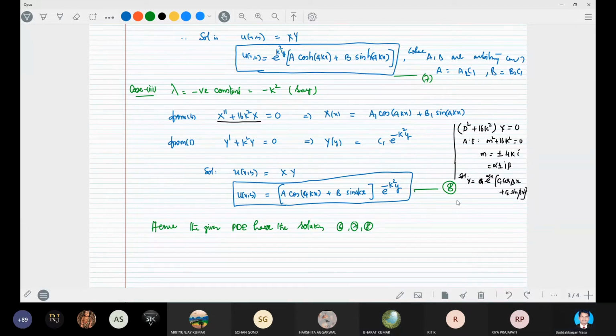Here alpha is 0, only beta is 4k. So A1 cos 4kx plus B1 sin 4kx.